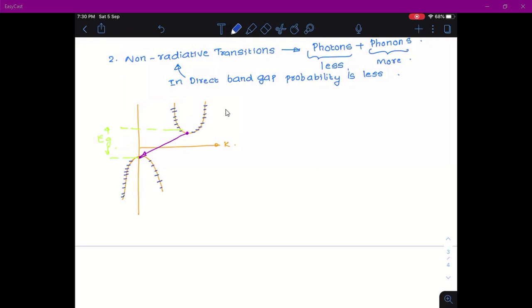Any electron sitting at a higher energy level will always try to come down and reach the bottom of the conduction band. So if somebody injects an electron at the top here, it will gradually move down and reach the bottom.